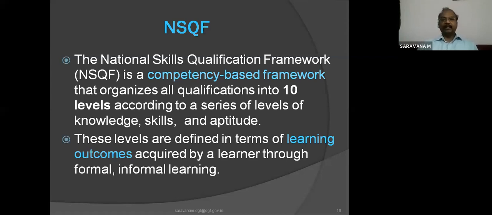See, now a very important and interesting term is coming: learning outcome. In Bloom's taxonomy also, every domain has learning outcomes. And for a learning outcome, we have to write a statement, that is the performance statement.